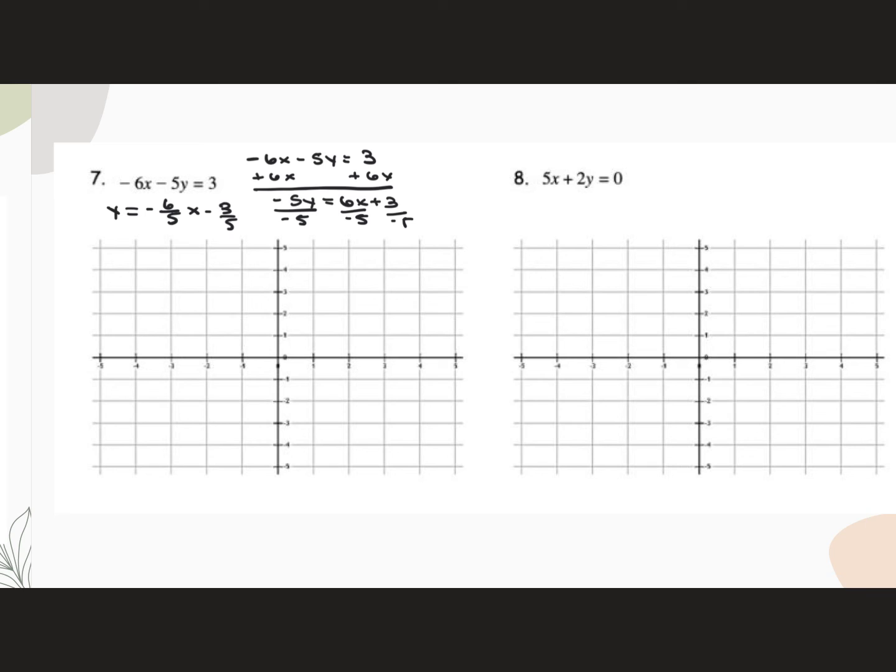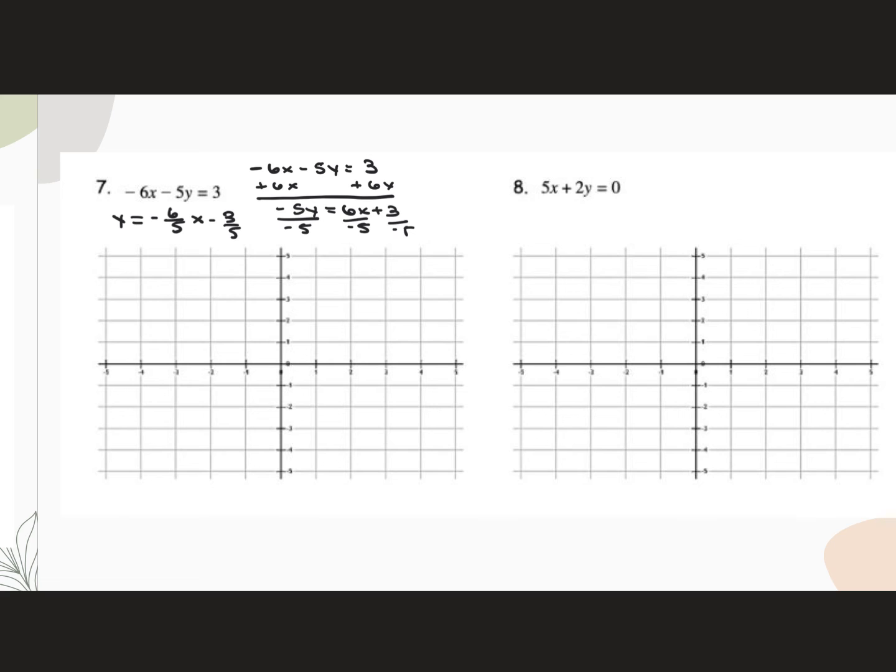Negative 3 over 5 gives me approximately negative 0.6. Very rarely will you have to work with a fraction as your y-intercept. So negative 0.6 on my y-intercept would be approximately about right here.